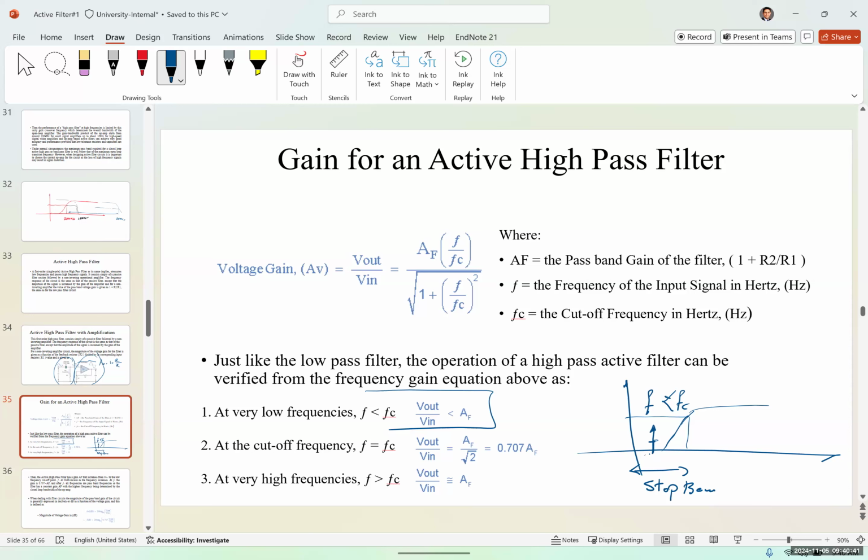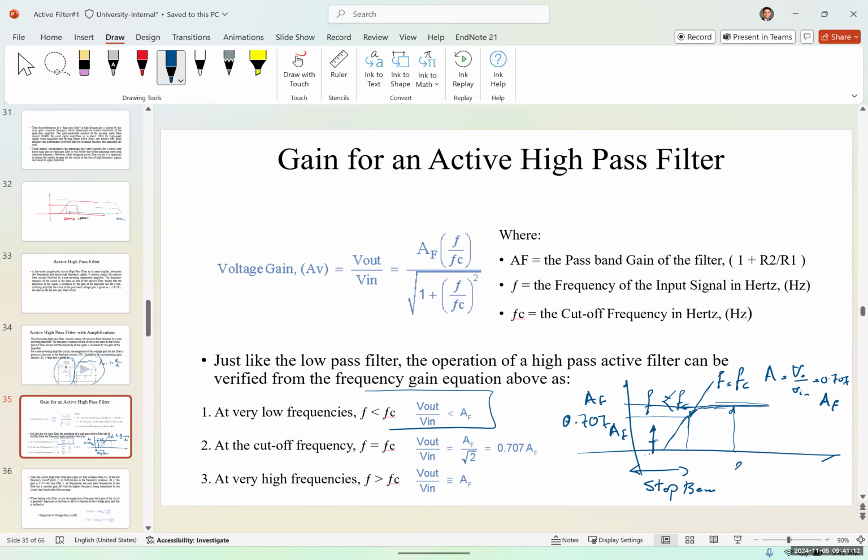If F is equal to FC, at this point, then the gain, or Vout over Vin, would be 0.707 of the maximum gain, or AF. So this is 0.707, and this is our maximum gain, AF. And anything above that is going to be almost equal to AF.